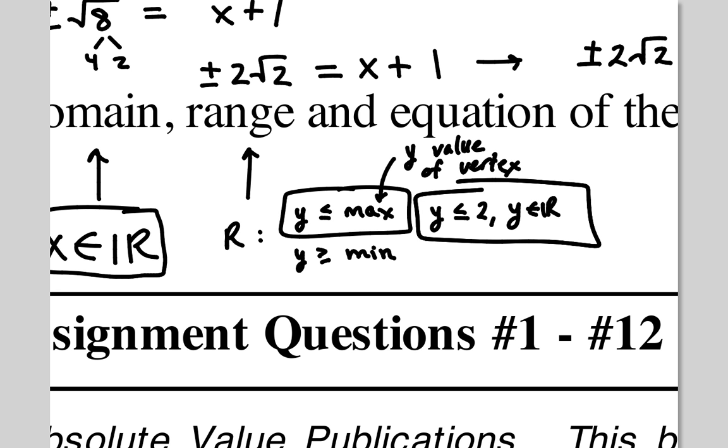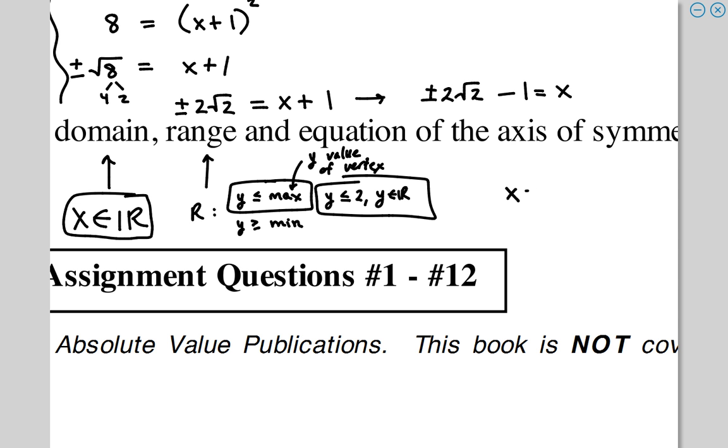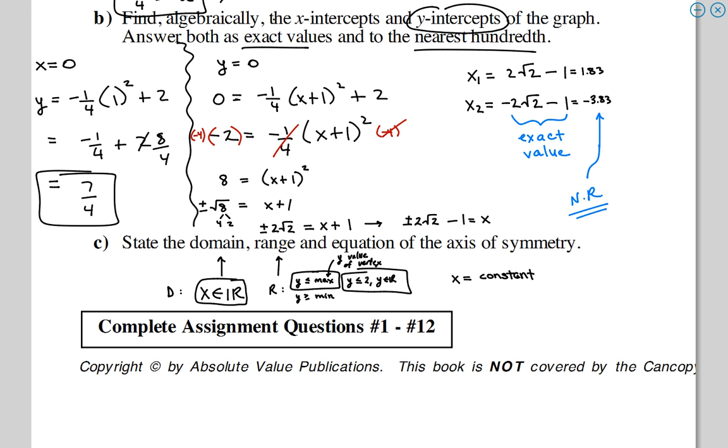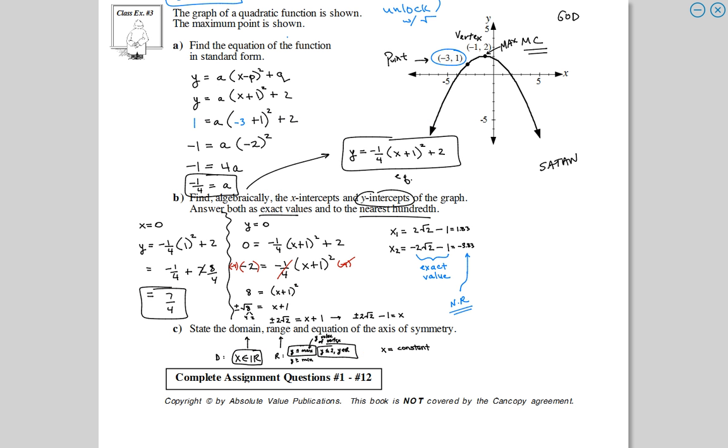What's the next one? Equation of the axis of symmetry. That one's very easy as well. You just go x equals some constant. And which value is it going to be? Because the line of symmetry would cut right down the middle like this. Which line does it cut down? 2, 1, 3, pi.